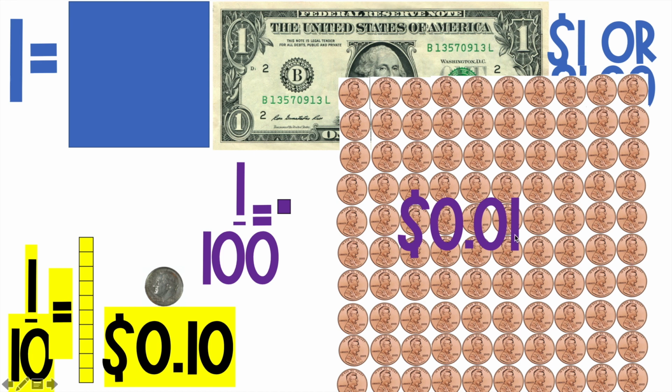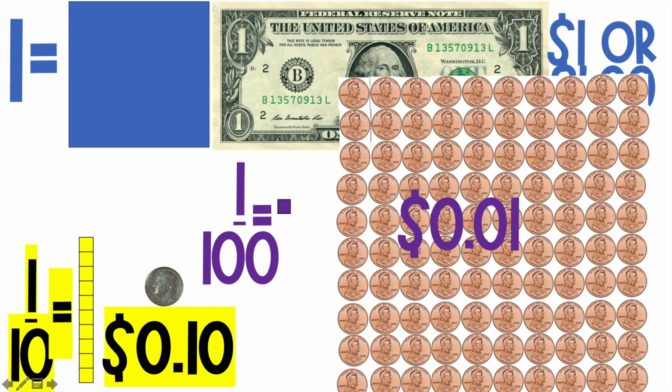And just like all the other place values, 10 pennies is equal to 1 dime because 10 pennies is equal to 10 cents. So it takes 10 hundredths to make 1 tenth. And it takes 10 tenths to make 1 whole.